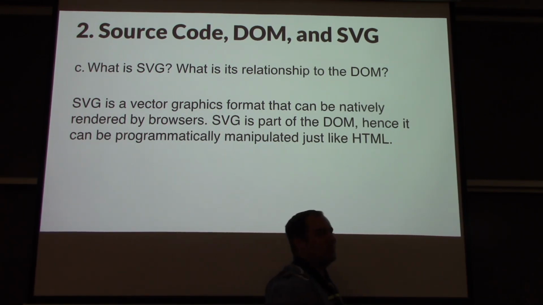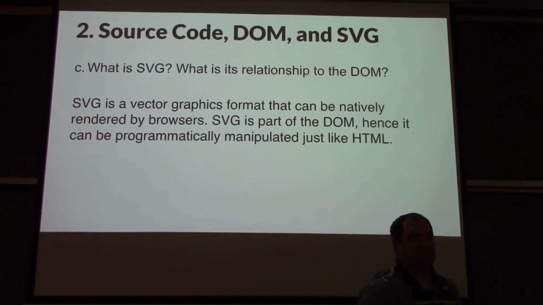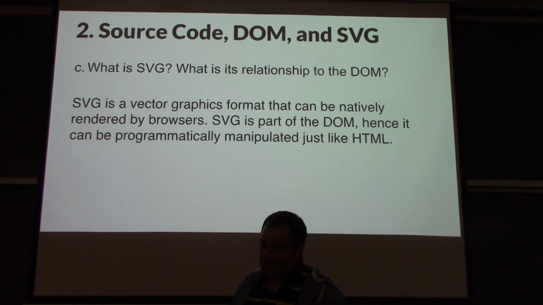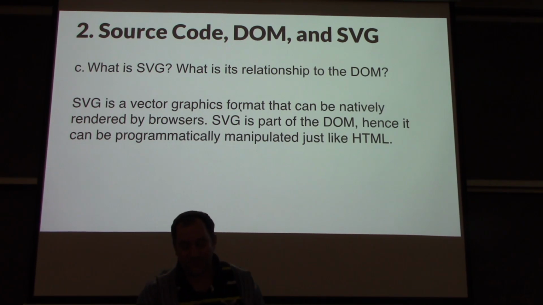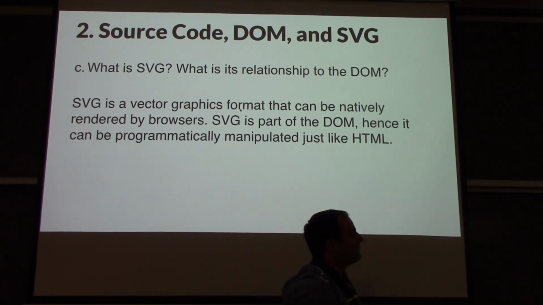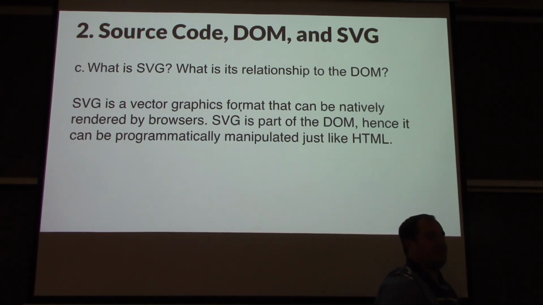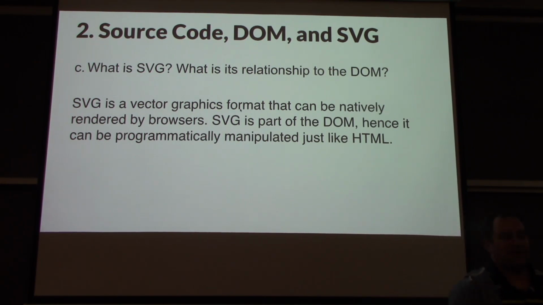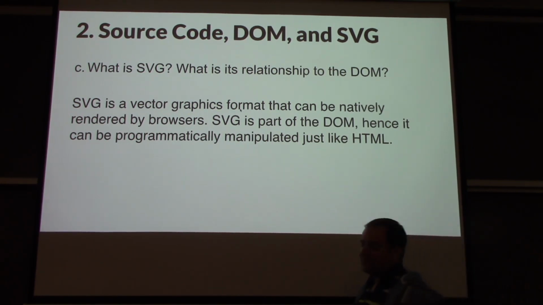That we can zoom and it's always precise, right? We don't have pixels. We don't get any pixelation. And SVG is part of the DOM specification, so it can hence be programmatically manipulated just like HTML. So I can essentially write SVG by hand, and it looks very similar to HTML.